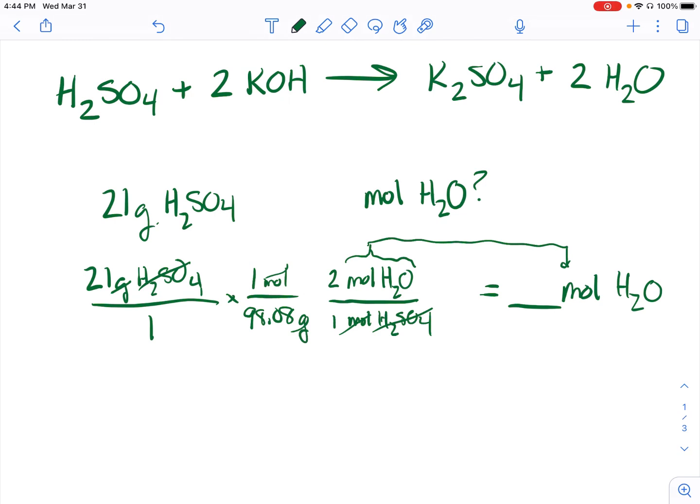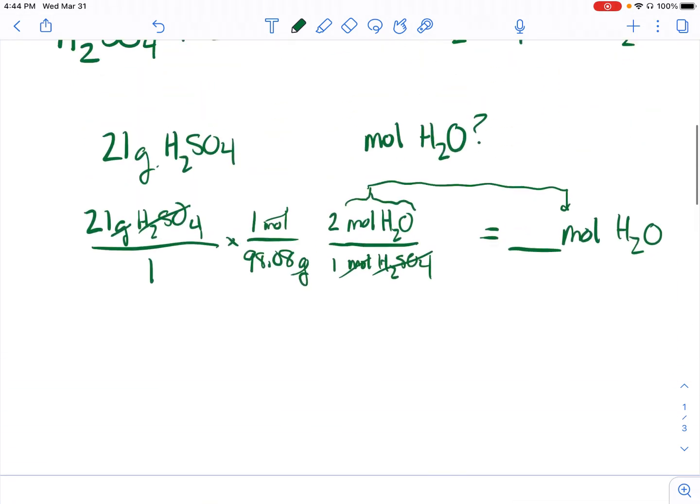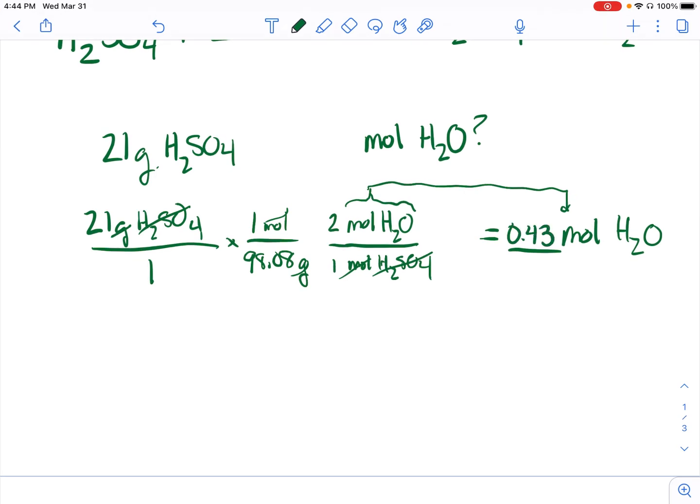I'll go back and fix it here. 98.08 equals, let me double check my math, 21. Yep, so I still don't like that. See, I did the math twice, and I got 2 different answers. And using my computer calculator over here is not my favorite. So there we go. Now I got the same answer twice.